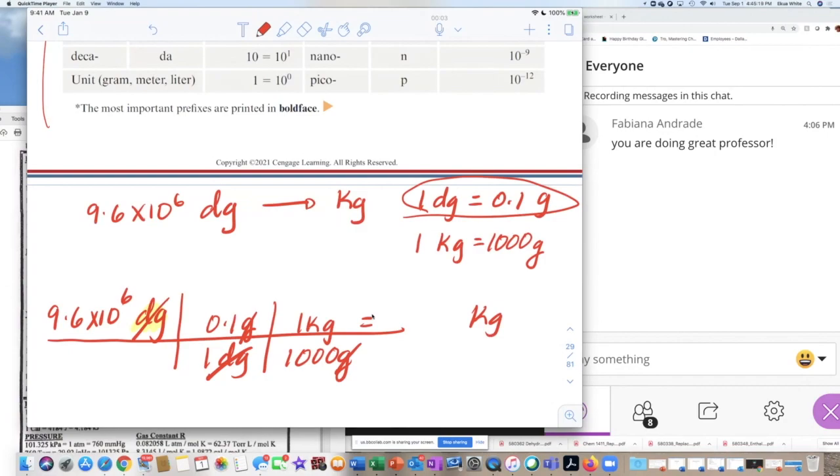So I have open parentheses 9.6, then I have my exponent button 6 times 0.1 divided by 1,000. Let's see what we get. It says I have 960 over here. Okay, 960 kilograms.